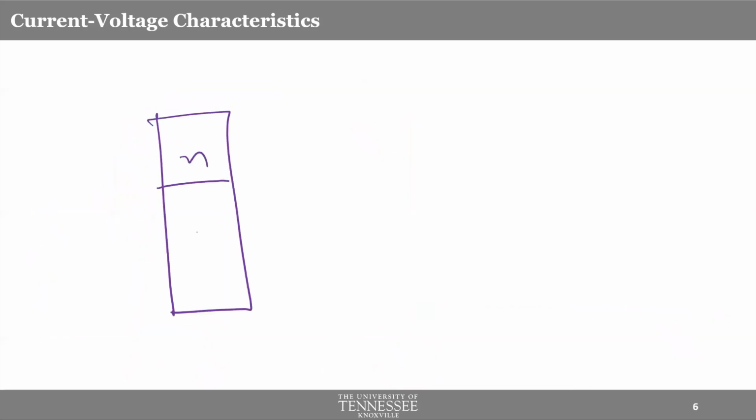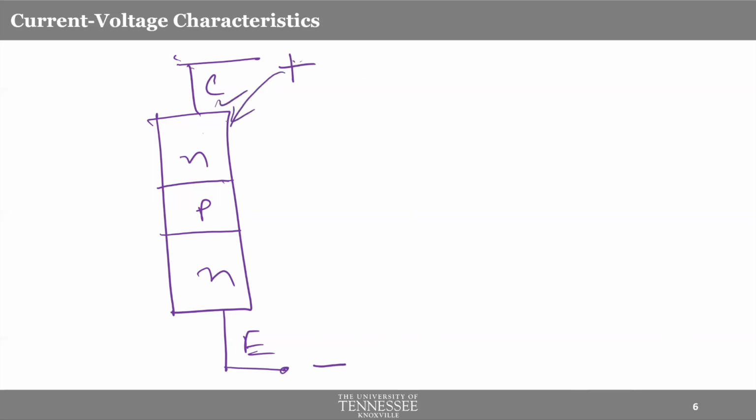NPN, C, E. When I say VCE, I'm putting positive voltage here and negative voltage here. So positive on the N terminal represents reverse bias. We have been talking about this over and over again, right? So we have reverse biasing in this NP junction that you see, the collector base junction.